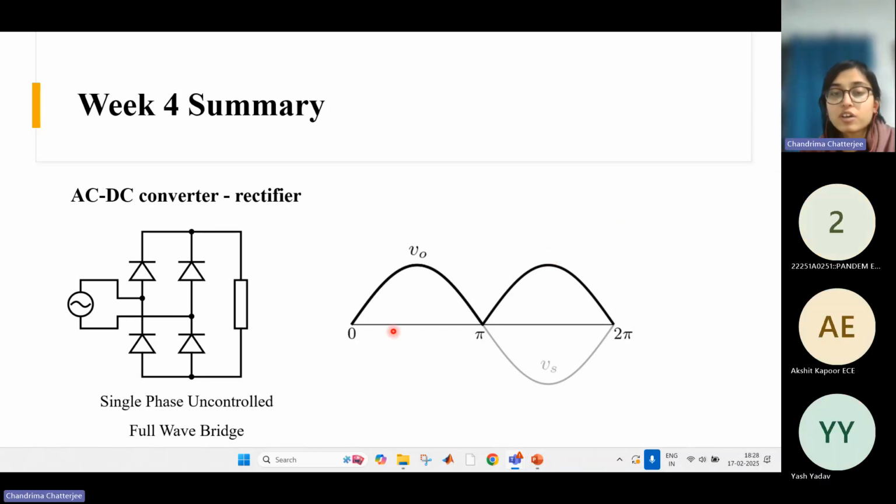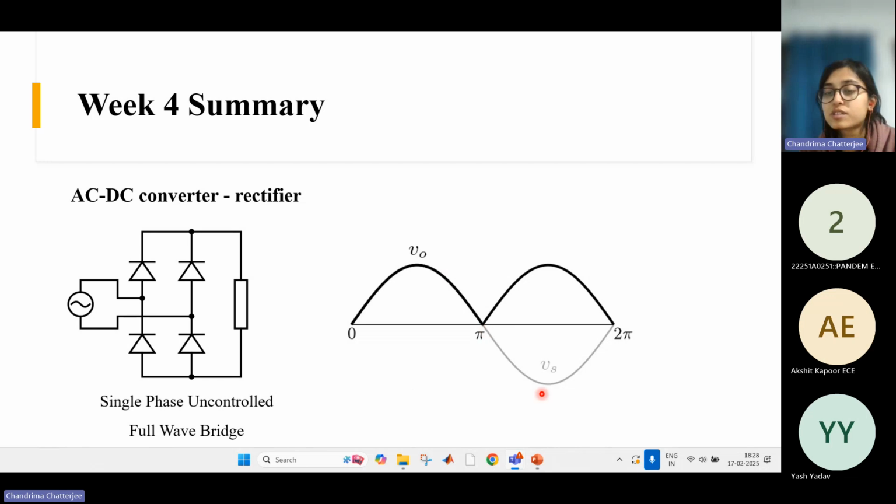So I was talking about this full bridge rectifier. So here you can see that we are getting an output voltage at both the half cycles, right? Unlike the half wave rectifier, where we were only getting voltage at the positive half cycle and zero during this portion. But here we are getting an identical shaped voltage in the negative half cycle as well.